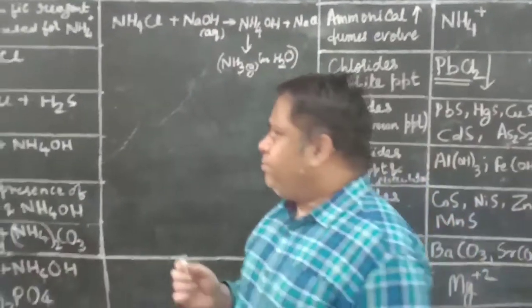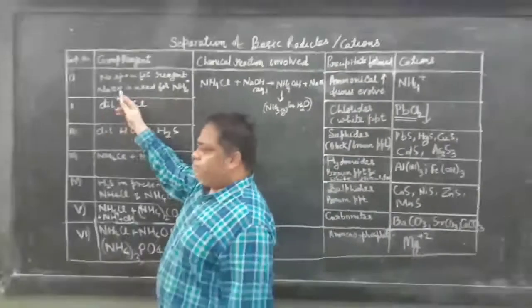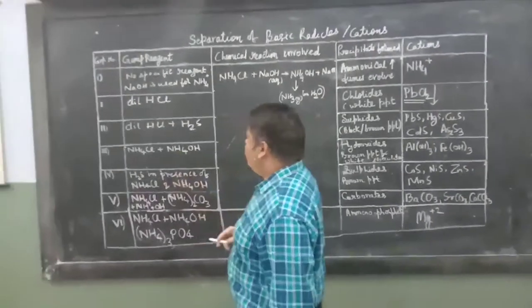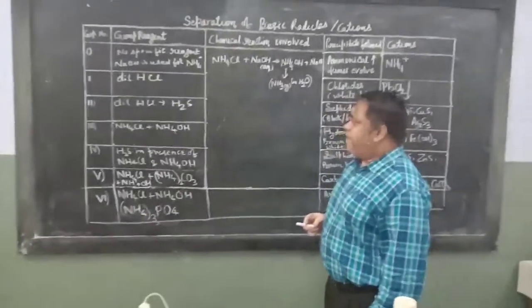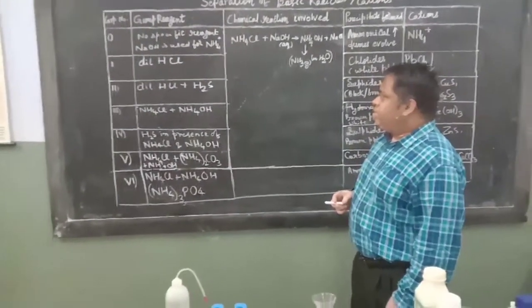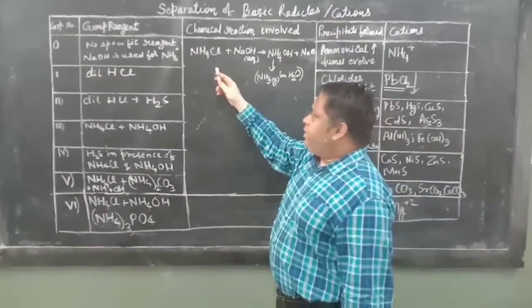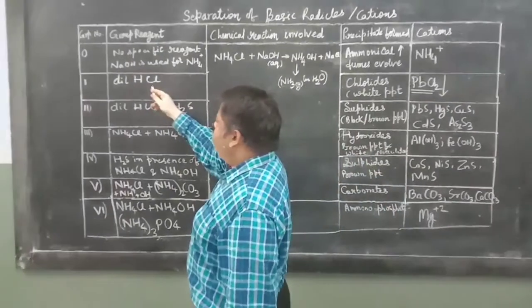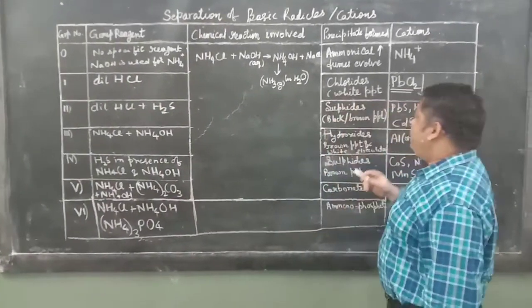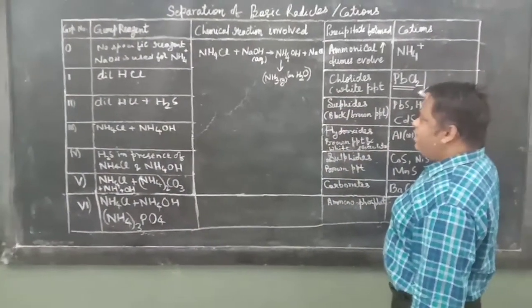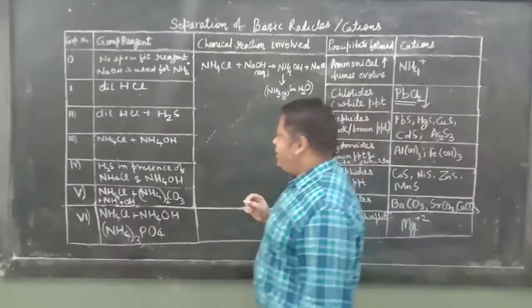So after NaOH is put, HCl is added. Soon after NaOH, if ammonical fume does not come, then HCl is added, and after HCl is added, if we get white PPT, then we suspect that lead salt is present.